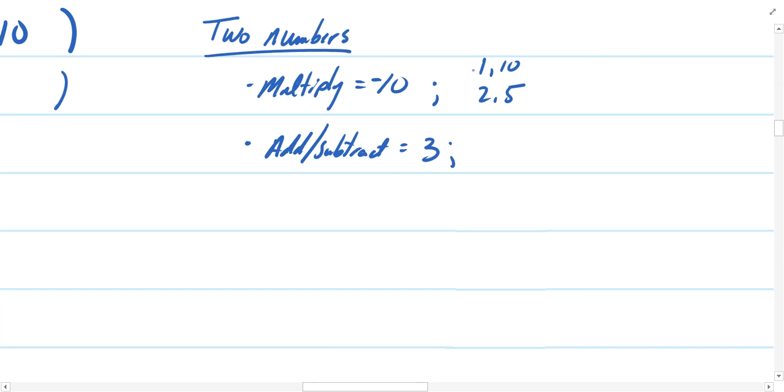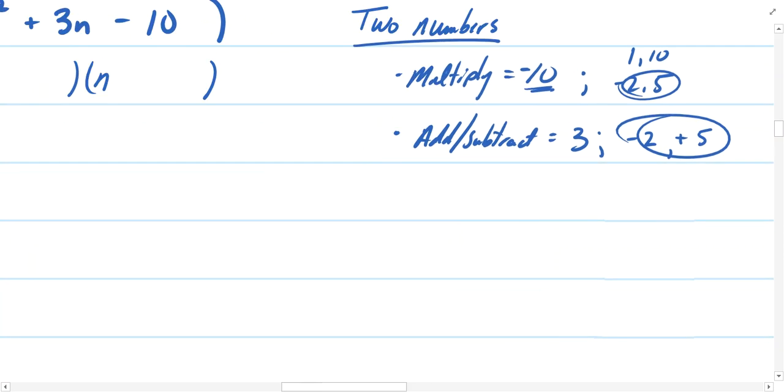And as it turns out, if I had a negative 2 times positive 5, that would equal negative 10. And then also negative 2 plus that positive 5 would equal positive 3. So I think we found a pair of numbers that's going to work.